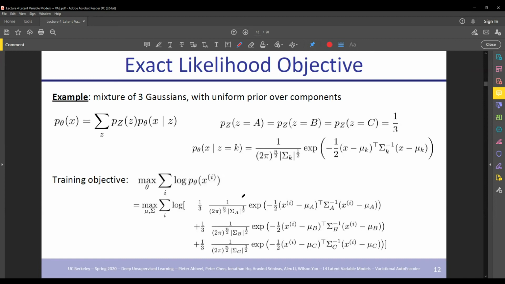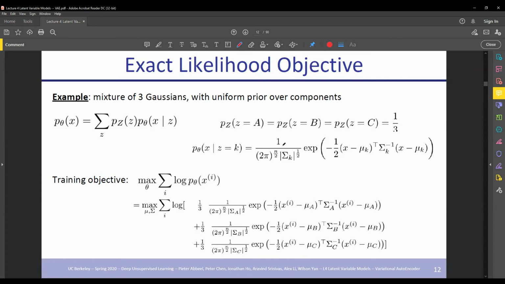But anyway, it's 1/3 Z assumed to be A, 1/3 Z assumed to be B, 1/3 Z assumed to be C, with the mean and standard deviations being those of the corresponding Gaussian distribution.